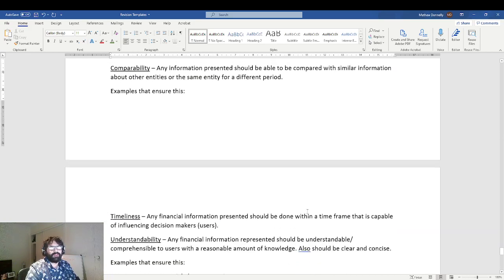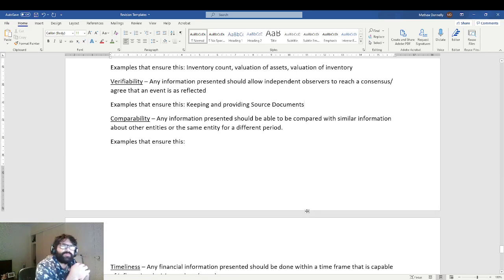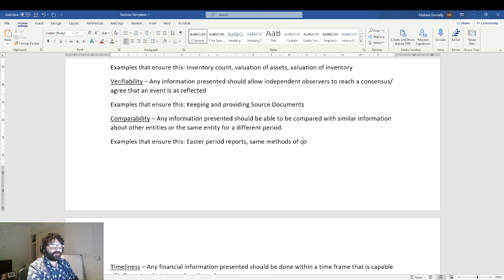Now, comparability. Any information presented should be able to be compared with similar information about other entities or the same entity for a different period. So, for example, Easter period reports, same methods of cost used, inventory costing used.